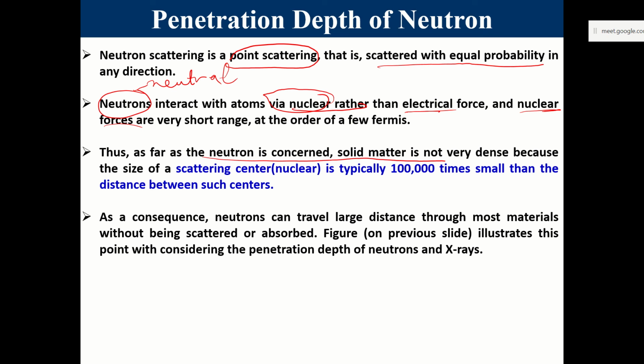Because neutrons are not affected by electrons, from the point of view of the neutron, it finds a very empty space when it passes through the crystal lattice.